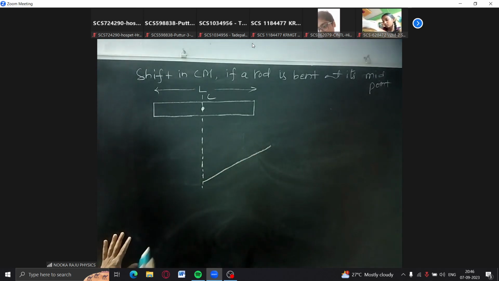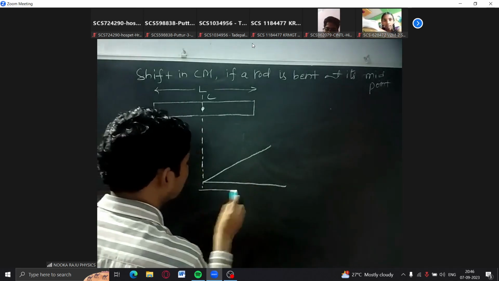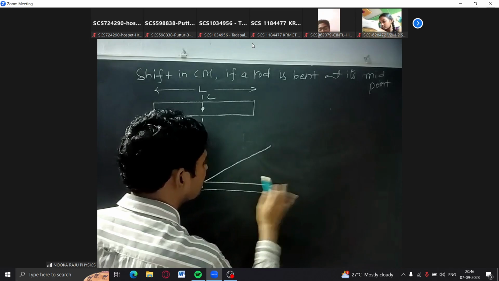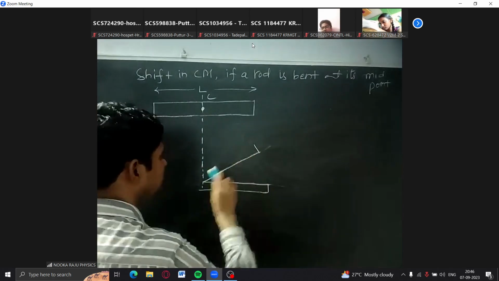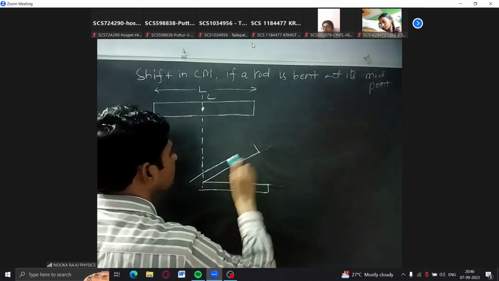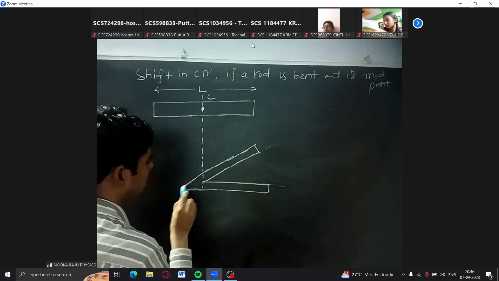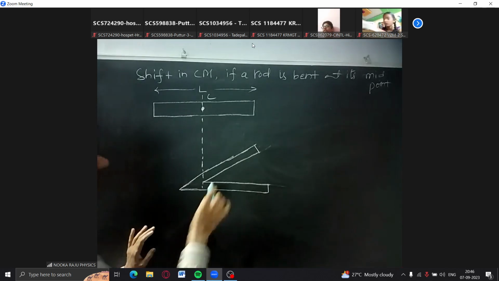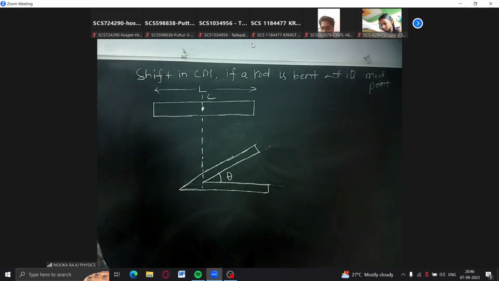This is one of the shapes. It is bent like this. Okay, draw the diagram.